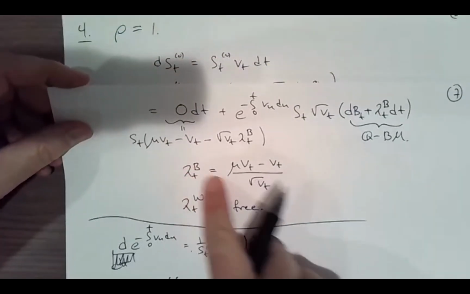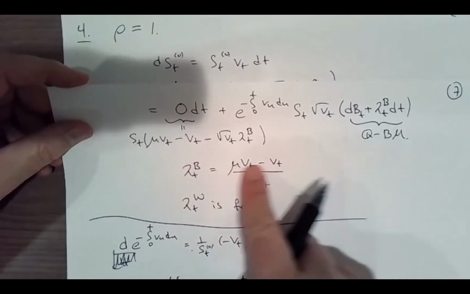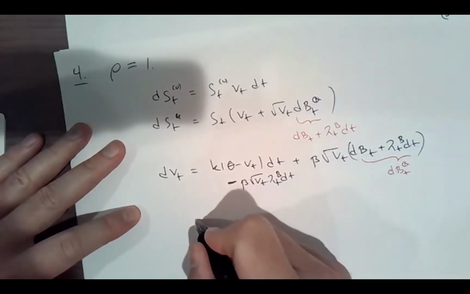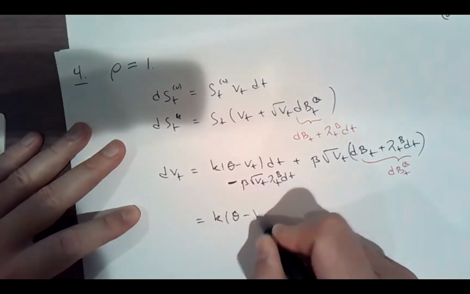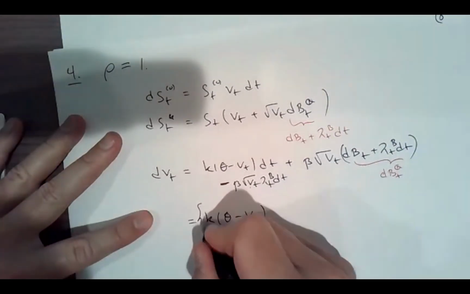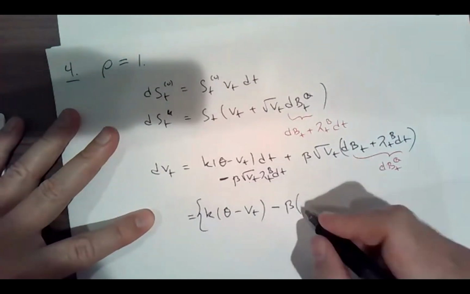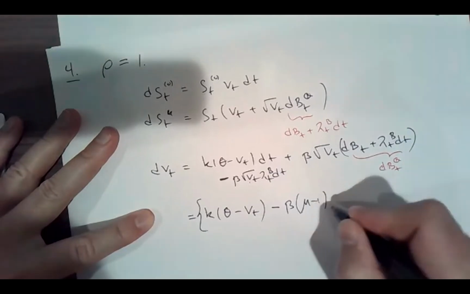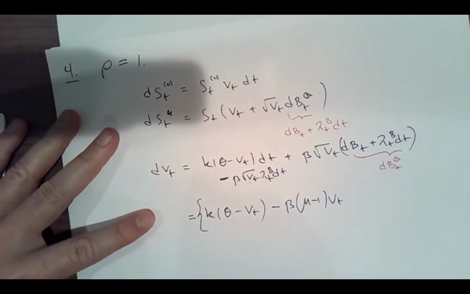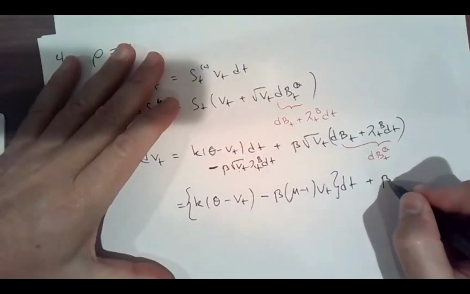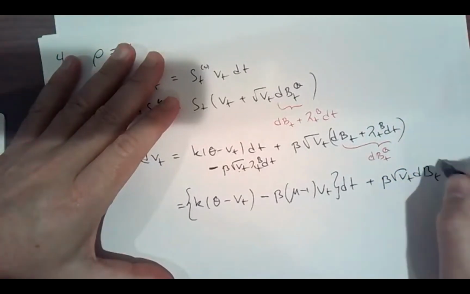Can we recall what lambda^B was? There's a square root downstairs, and a linear function upstairs. Multiplying with the square root, the square roots cancel out. I'll get kappa (theta minus V_t) minus beta (mu minus 1) V_t, and then my Brownian motion under that measure Q.